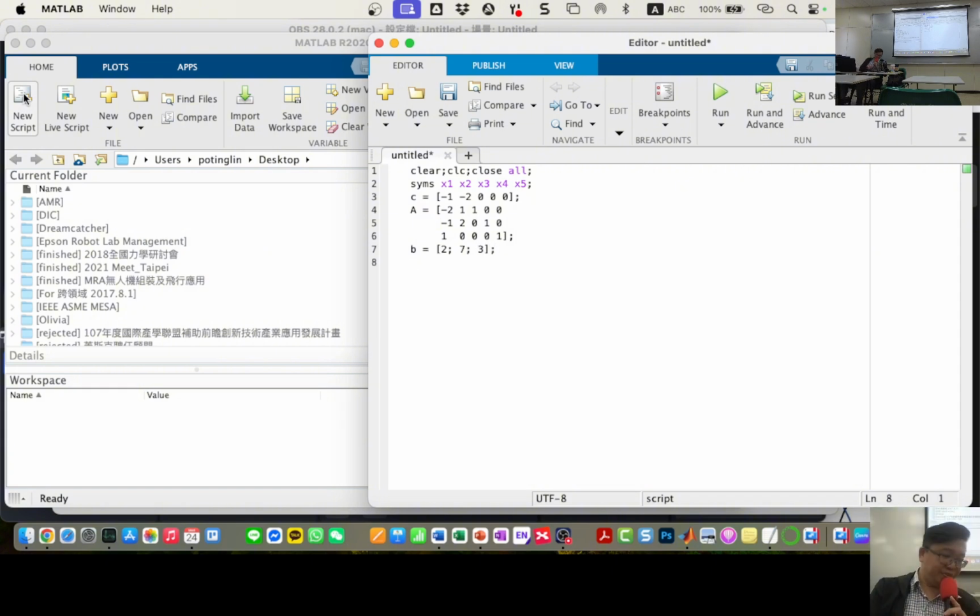Okay, so the roles. Let me just call the role basic, or just B. Initially 0, 0, 1, 1, 1. That means the last three are basic, the first two are non-basic.